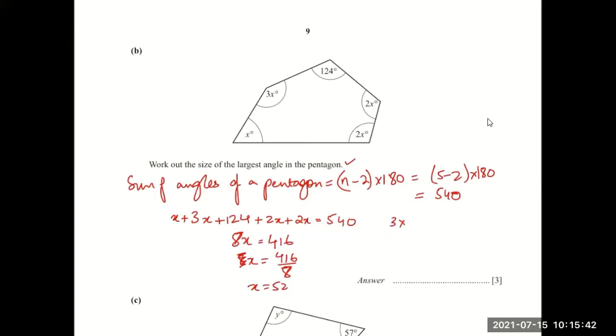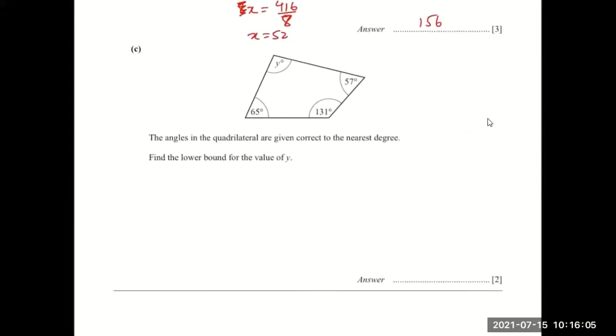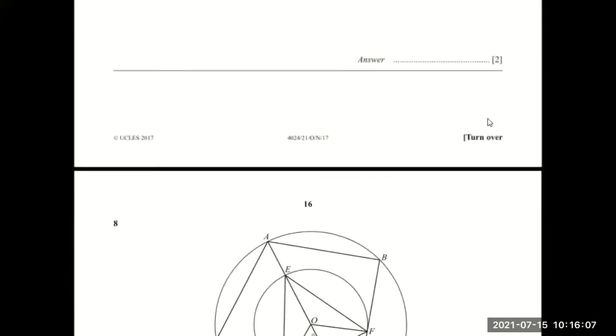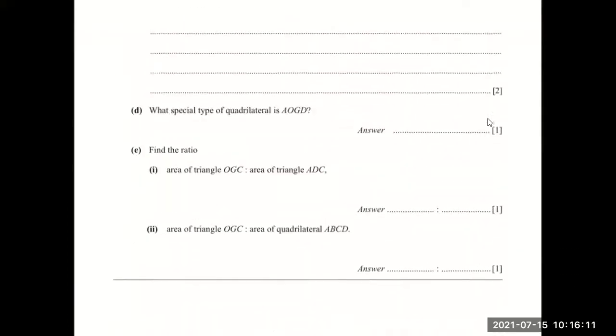That gives me 156. The next question is about upper bounds and lower bounds. I don't want to go into that right now.